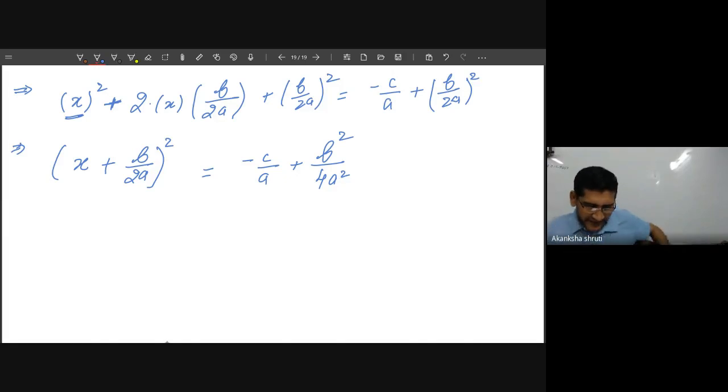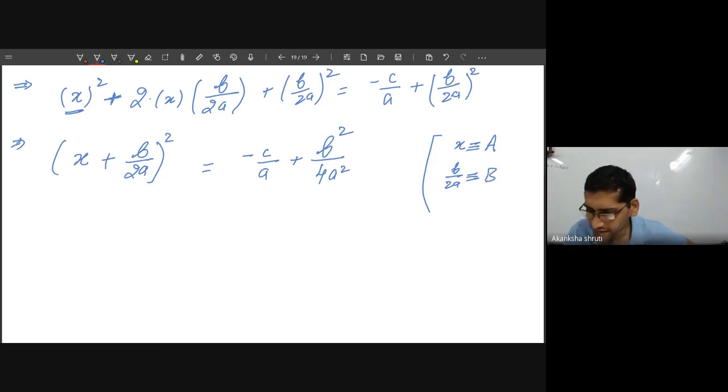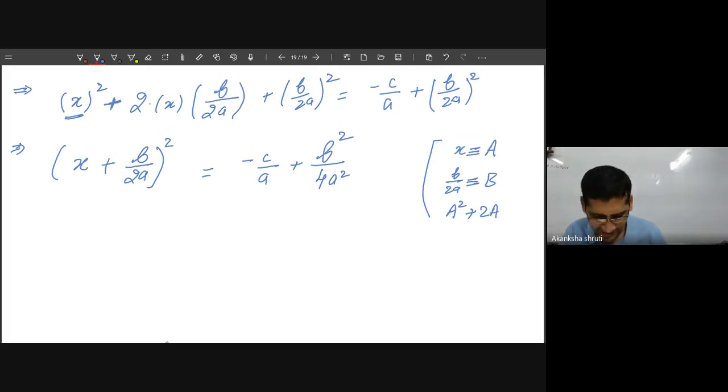So this way the left hand side is converted into a whole square. Why? If you have a doubt, understand this: here x is identical to our capital A and this b by 2a is identical to our capital B. So it was like this: capital A square plus twice A times B plus B square.